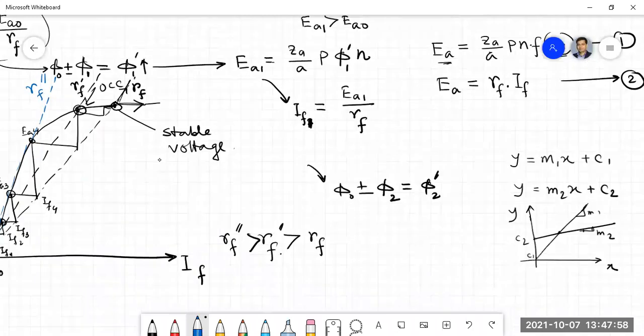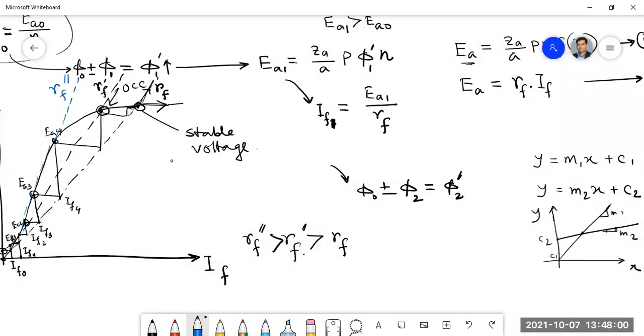Suppose for the two lines, the coefficients M1 and M2, C1 and C2, are proportional. Then how many solutions do we get? So no solution.